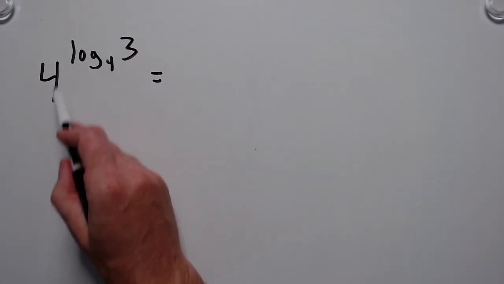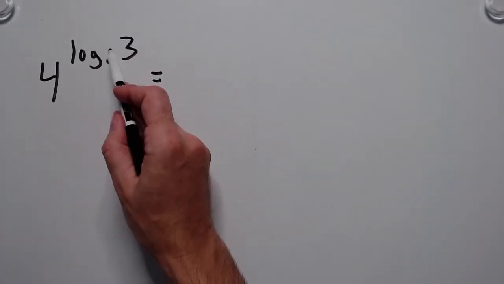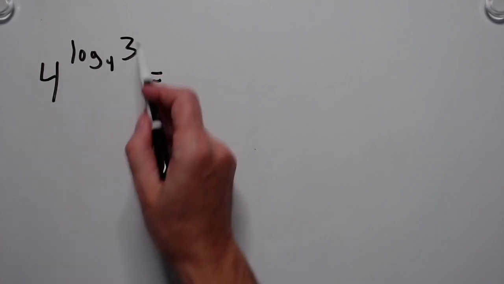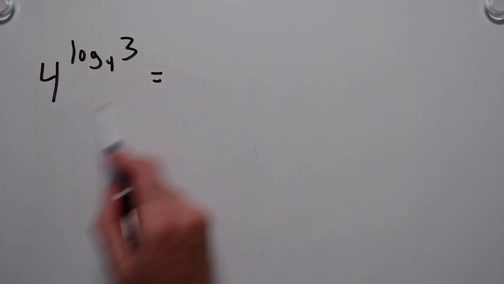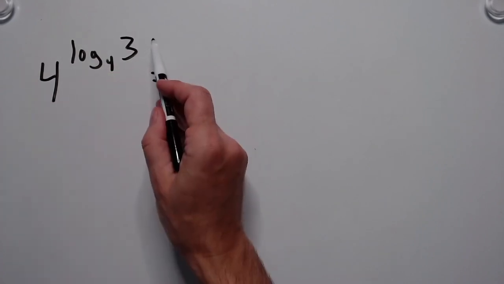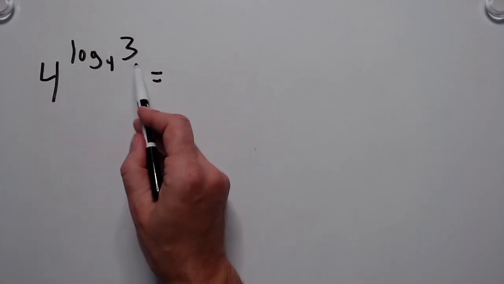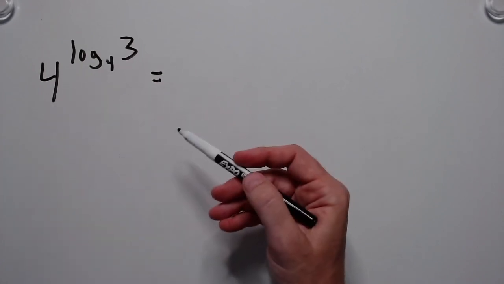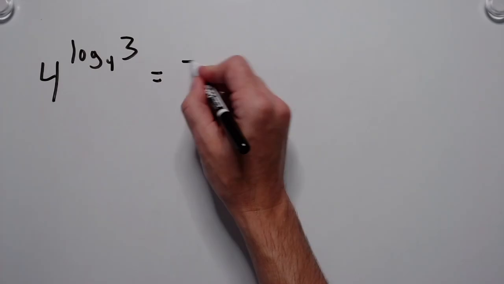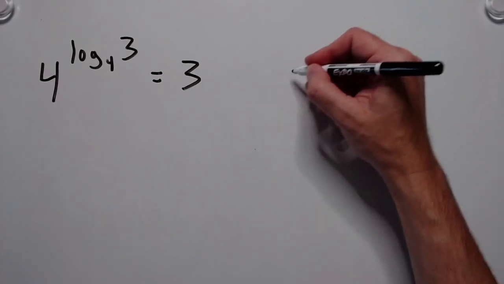So we have an exponential equation, 4 to something, but the something is a logarithmic function. And 4 is the base of this exponential expression, and 4 is the base of this logarithmic expression. So going back to our inverses, f of x and f minus 1 of x, this just ends up being 3.